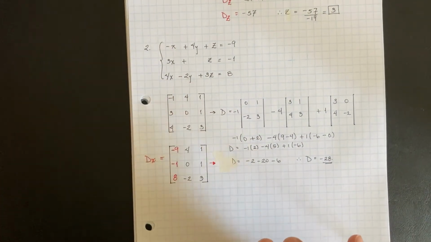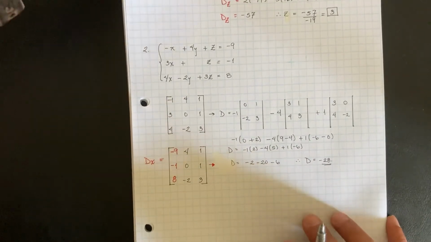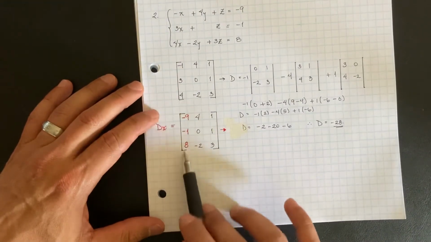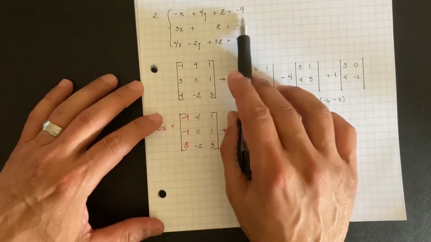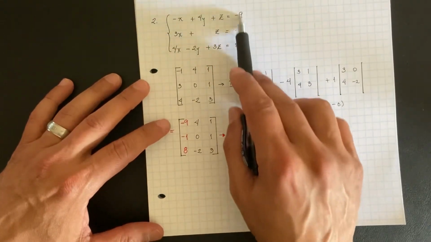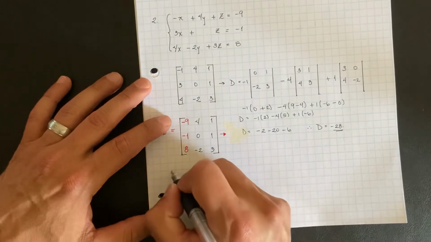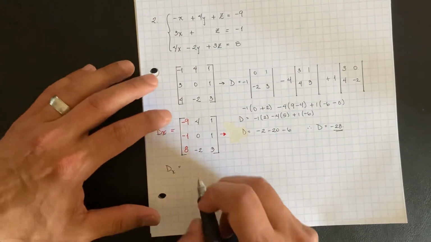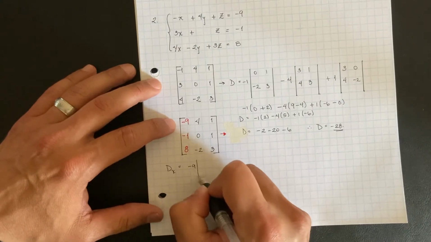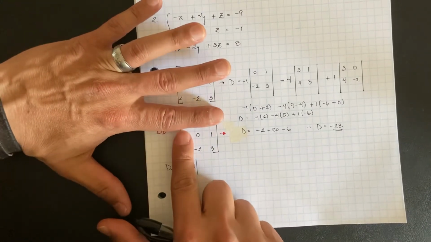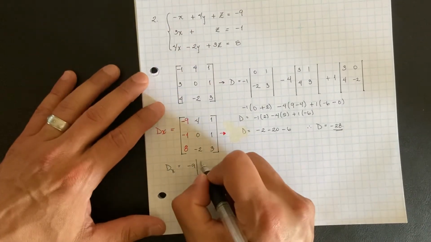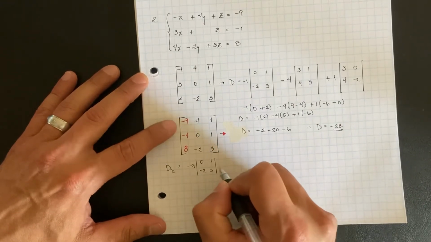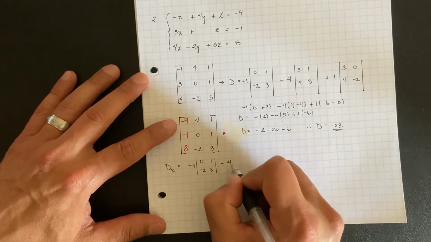All right, guys. Now you notice I already started substituting my x column right here with the answer column. So now I'm going to do the same thing. Let's do dx. I'm going to start off with negative 9. And then first row, first column, 0, 1, negative 2, 3. And then it alternates, so it becomes a minus.